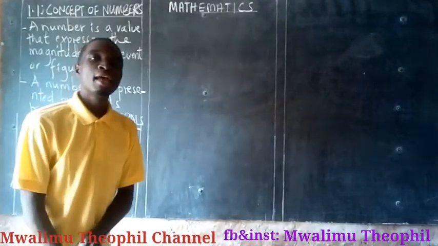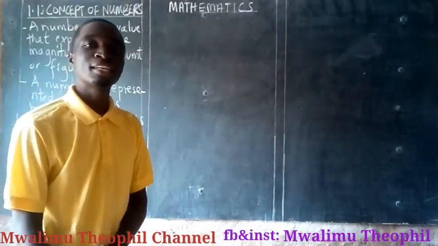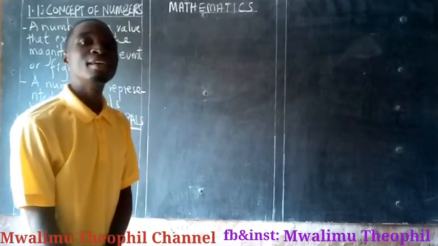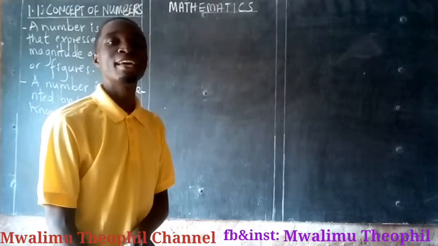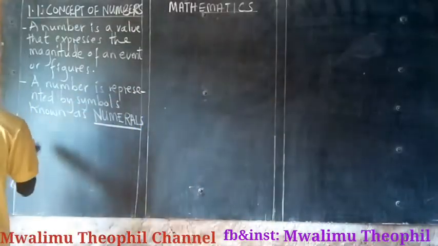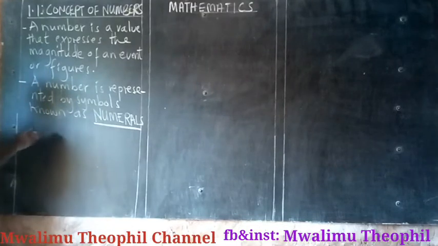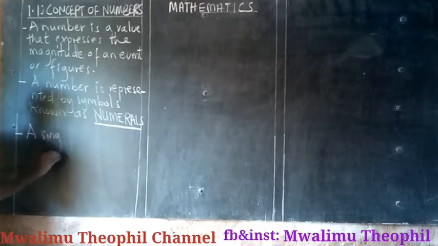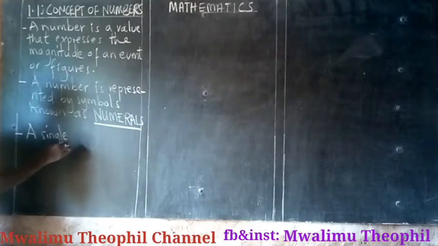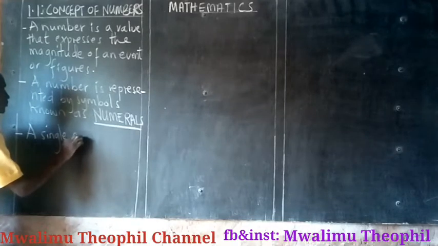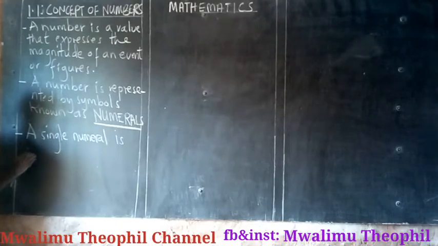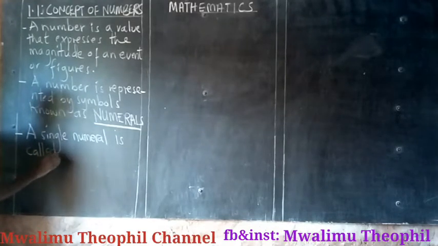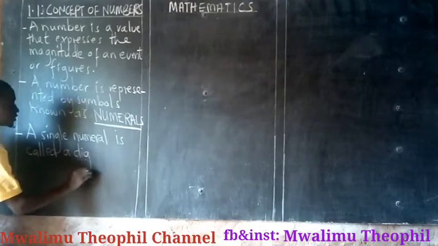A numeral that is represented by just a single figure is known as a digit. So a single numeral is called a digit.